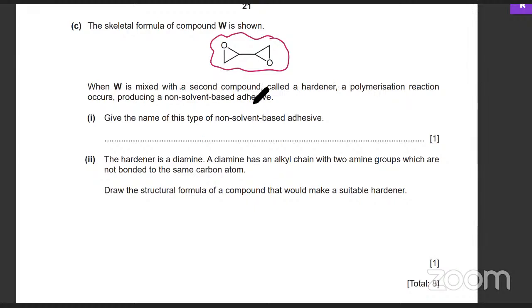A polymerization reaction occurs, producing a non-solvent based adhesive. We did this with super glues. A hardener is a diamine. A diamine has an alkyl chain with two amine groups, which are not bonded to the same carbon atom.